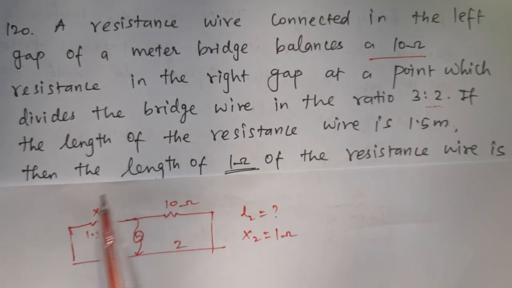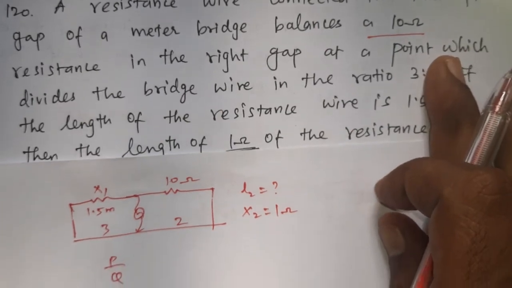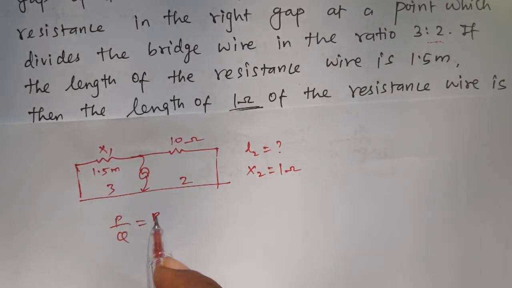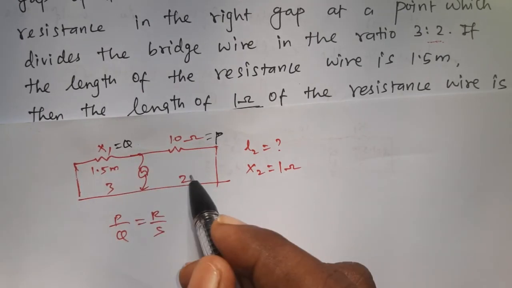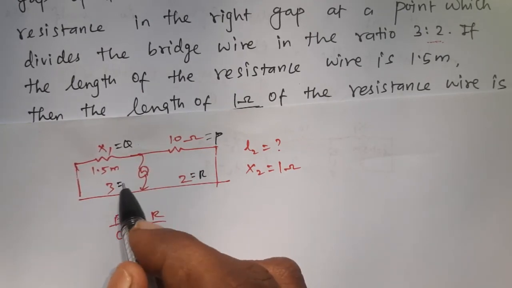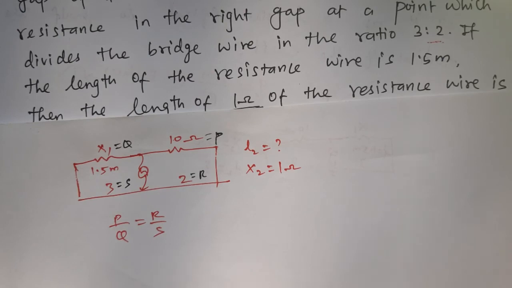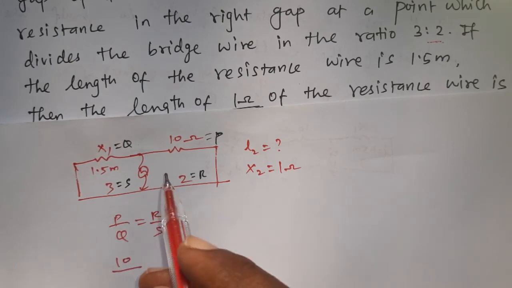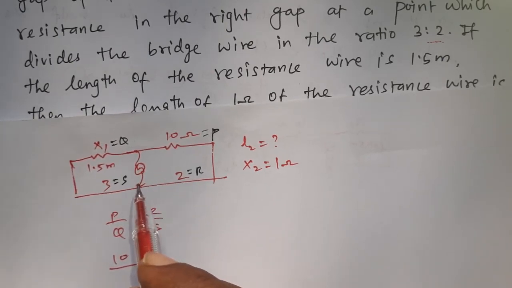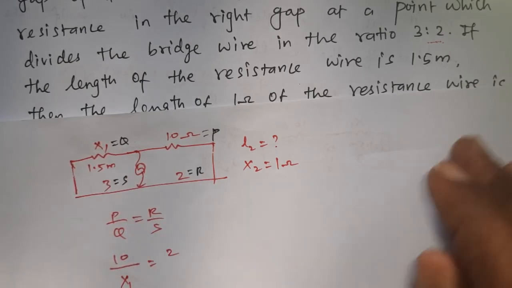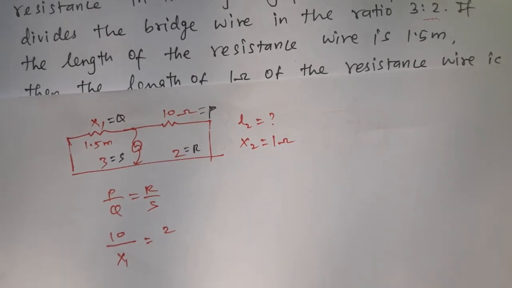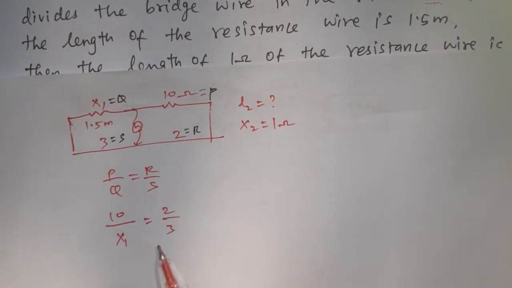From the circuit diagram, we can use the bridge balancing condition, P by Q is equal to R by S. 10 ohm is P, X1 is Q, 2 is R, then 3 is S. So 10 by X1 is equal to 2 by 3.